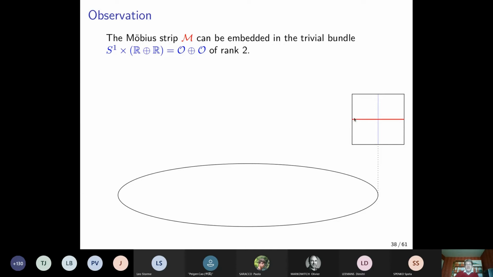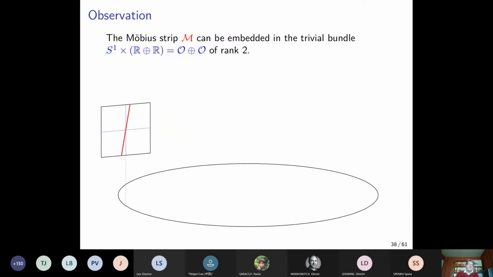So the Möbius strip will be red, and the fiber will be this line, and the trivial bundle will be the square. Again, this is supposed to stretch out to infinity. Now we move over the base, and we see that the fiber of the Möbius strip has to rotate, but the fiber of the trivial bundle remains the same. So we see that the Möbius strip remains nicely embedded in the trivial vector bundle.